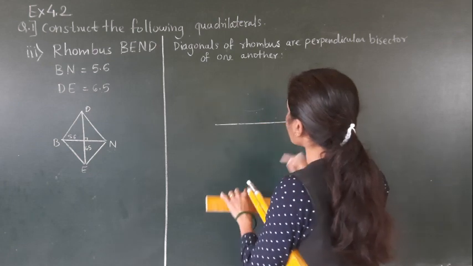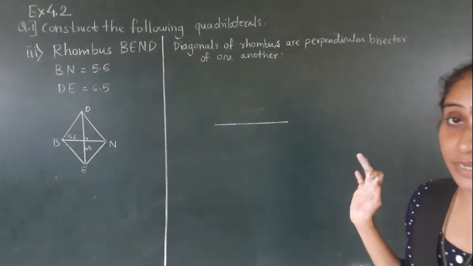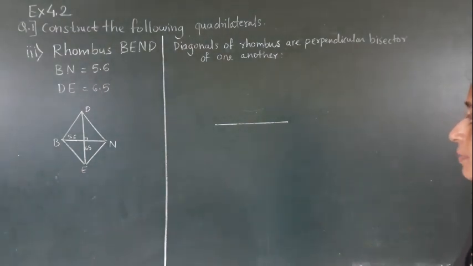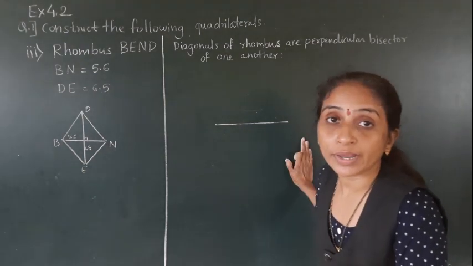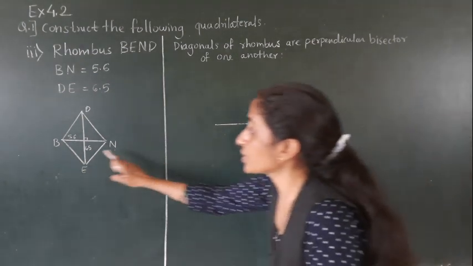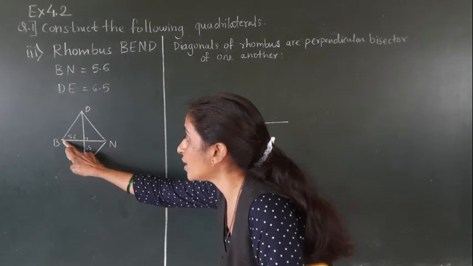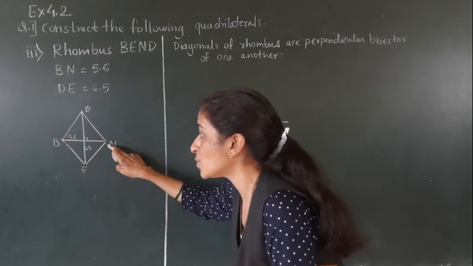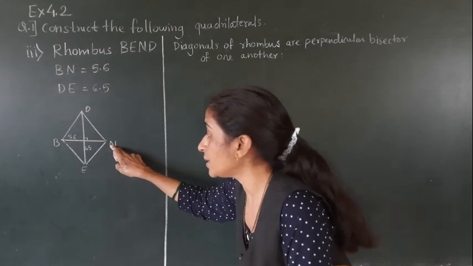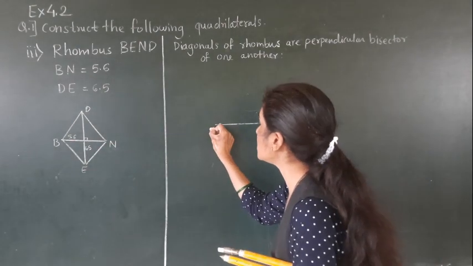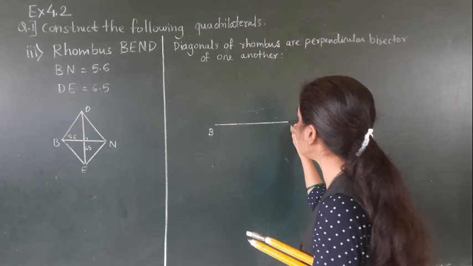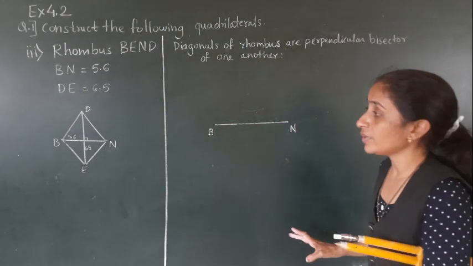It is not exact but I have taken it a little bit big. This is supposed to be 5.6 centimeter. So this is BN. BN we have done.